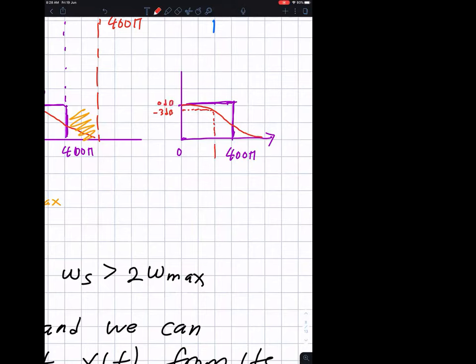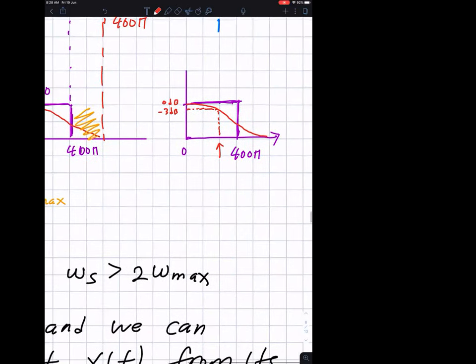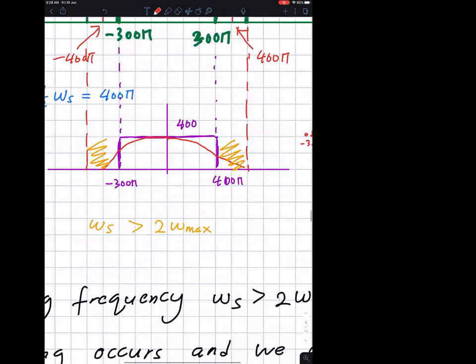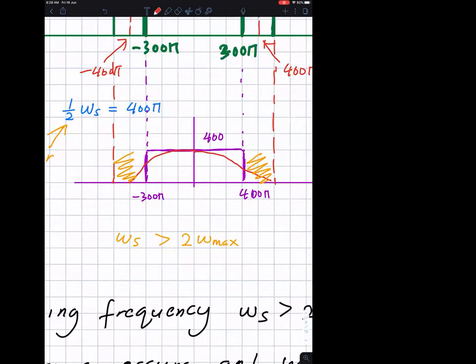The bandwidth is truly here. It won't even go to 400 pi, it'll be less than 400 pi. But we are just talking about the ideal mathematical thing. The negative side, maybe in the next lecture I can go through why we have negative. But negative is a mathematical thing.